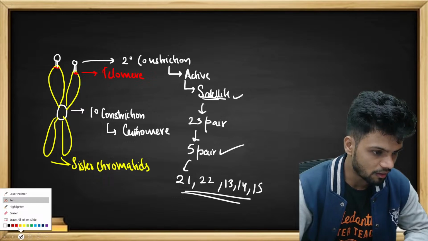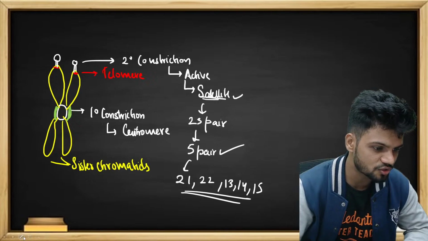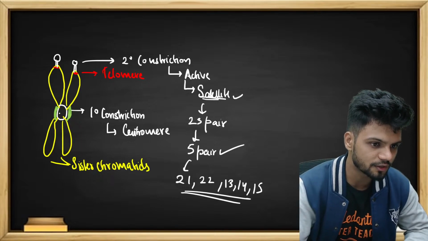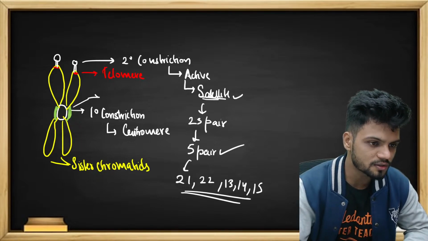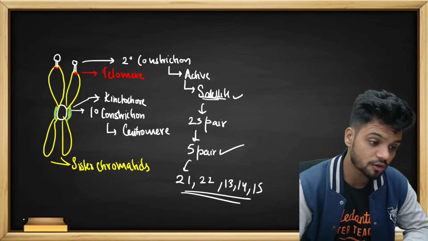Okay. Now around the primary constriction there is some form of a protein layer. Protein is a disc-like structure around the centromere. This protein layer is called kinetochore. Now, what is the function of kinetochore, students?